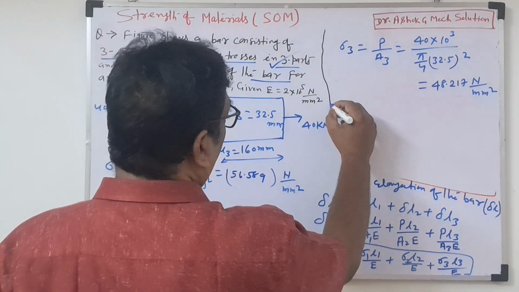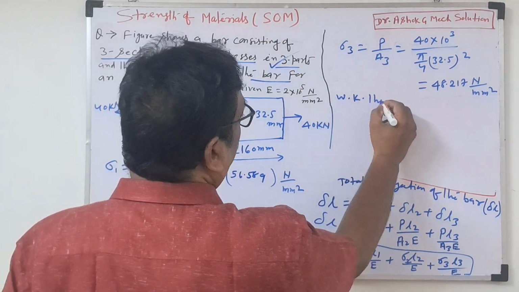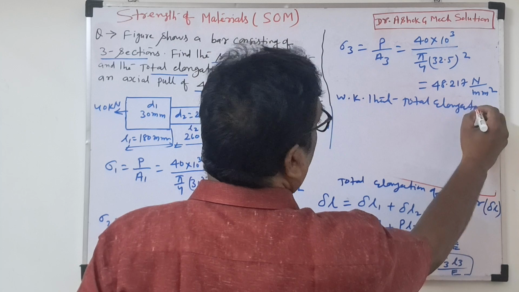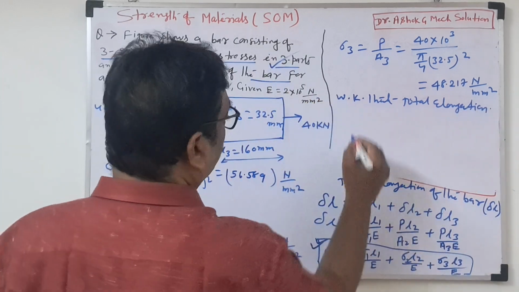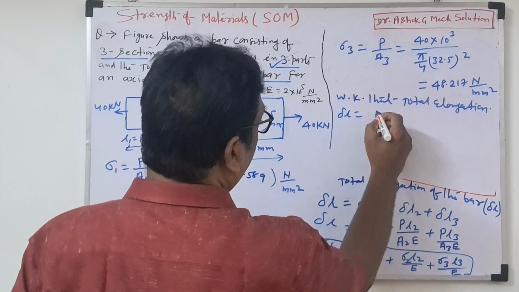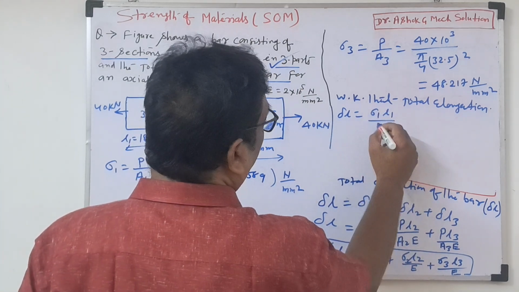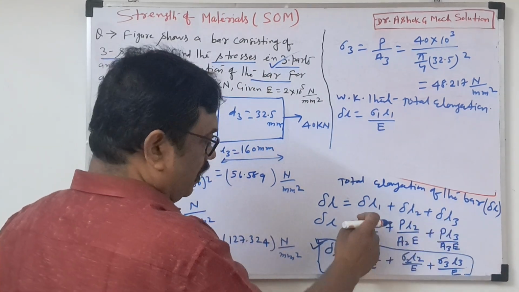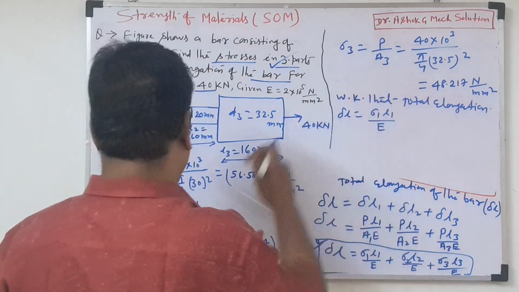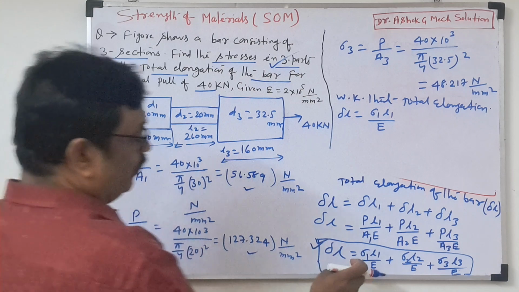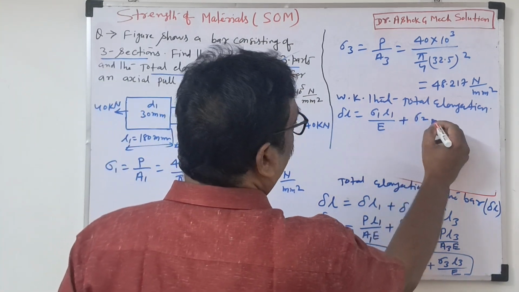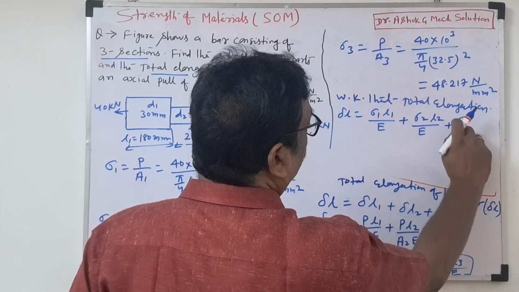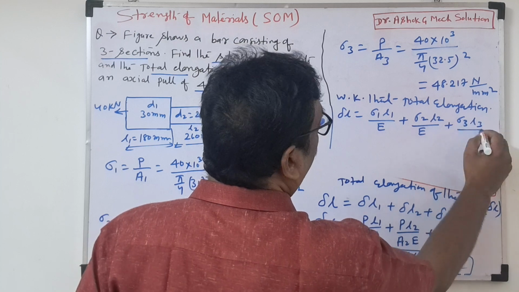We know that the total elongation of the given bar is delta L equals sigma 1 L1 by E. You can also write P L1 by A1 E1, but here we already have the value of P by A1, so directly we will use this formula, plus sigma 2 L2 by E, plus sigma 3 L3 by E for the third section.